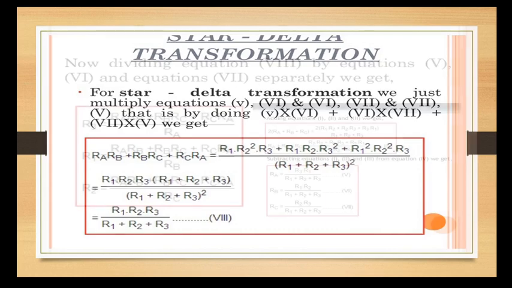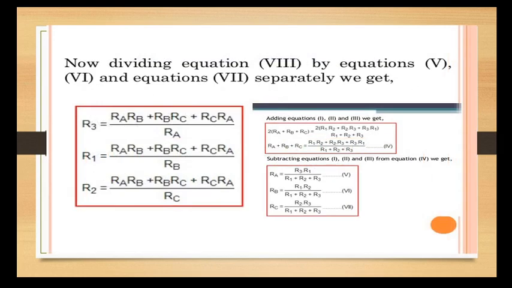Now one more step. Now dividing the 8th equation by the 5th, 6th and 7th equation, you can do it by yourself. It's simple. We have the 5th, 6th and 7th equations in the previous slide, and you have to divide the 8th equation by the 5th, 6th and 7th equation. Then what you will get? You will get R3 as RA RB plus RB RC plus RC RA by RA.